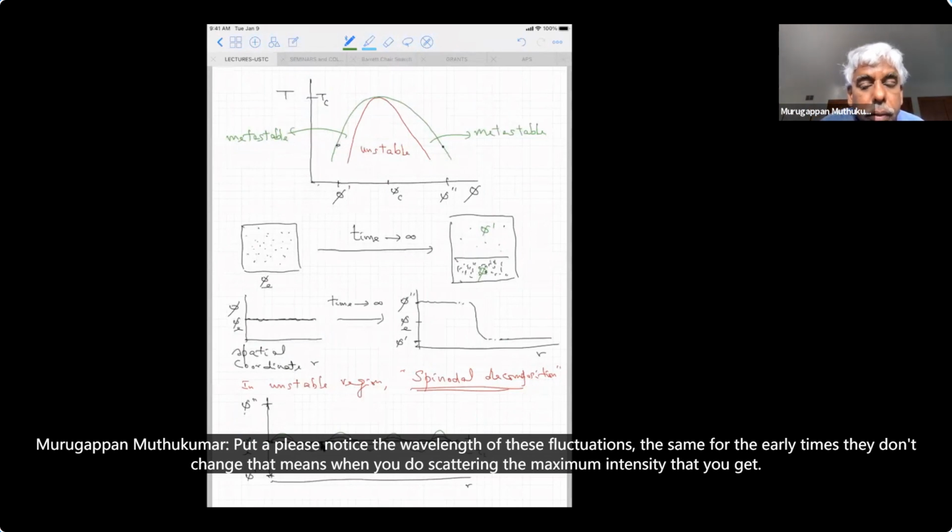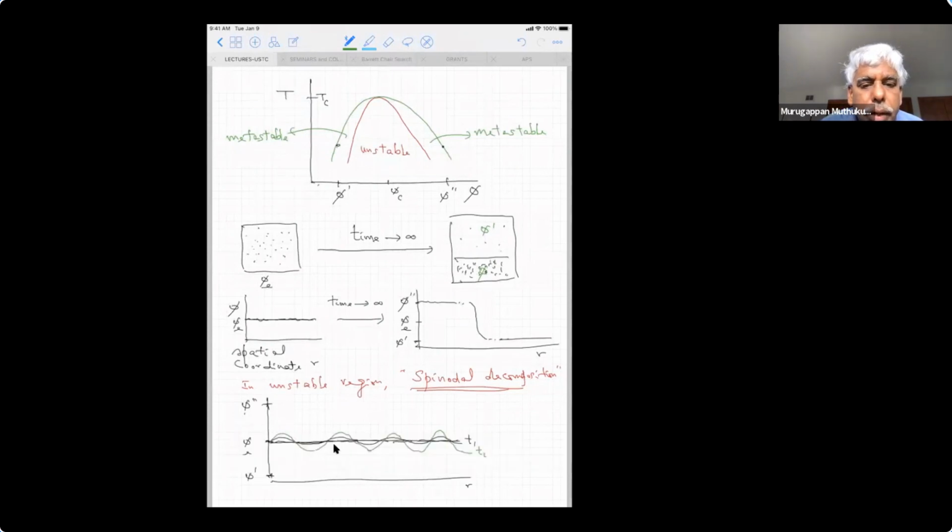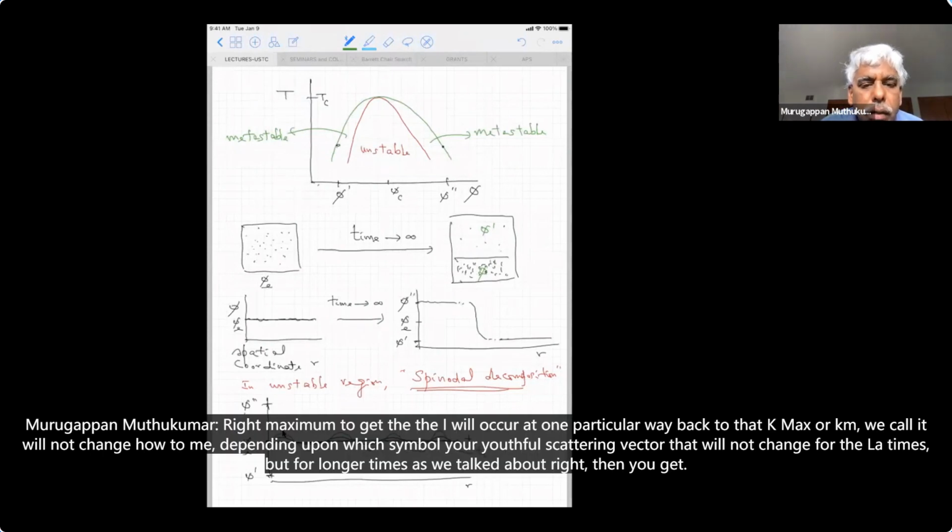They don't change. That means when you do scattering, the maximum intensity you get will occur at one particular wave vector. That K max or Km, we call it, or Qm, depending upon which symbol you use for the scattering wave vector, would not change for early times.